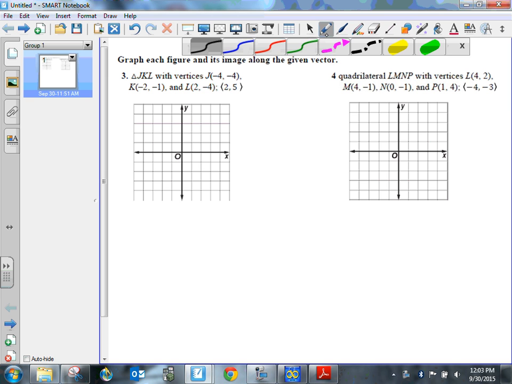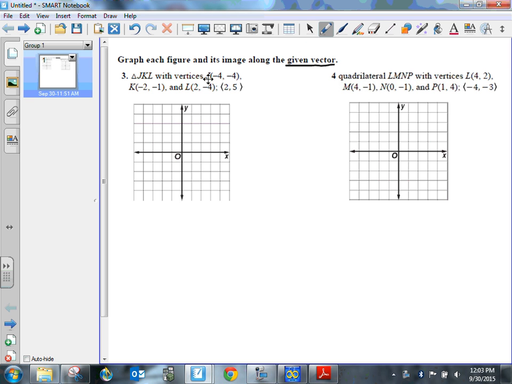Okay. What I want to do is we want to do this on coordinate planes. In the other video, we did this using the ruler and that kind of stuff. So I want to talk about this given vector here.